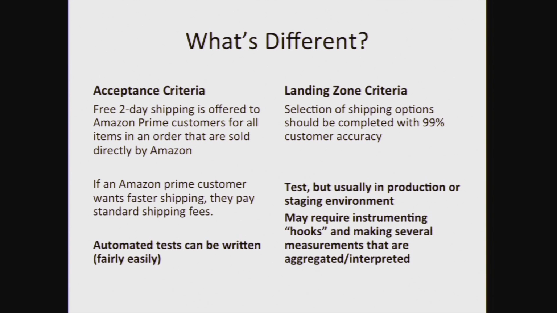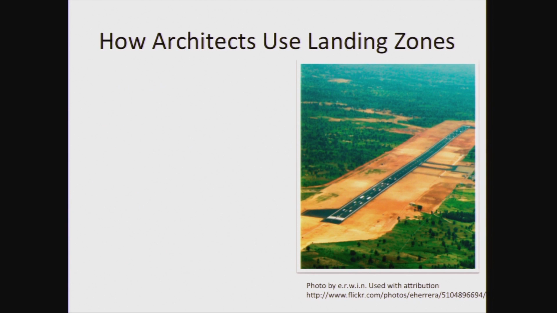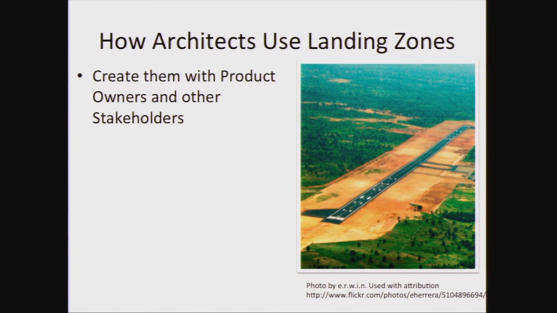And oftentimes, some landing zone criteria are hard. You have to do some instrumentation for testing and hooks and make sure that some measurements are aggregated or measured when you're doing things. So as an architect, I might want to create an initial set of landing zone criteria out of, let's say, we're supposed to be delivering 30 features over the next 2 months.